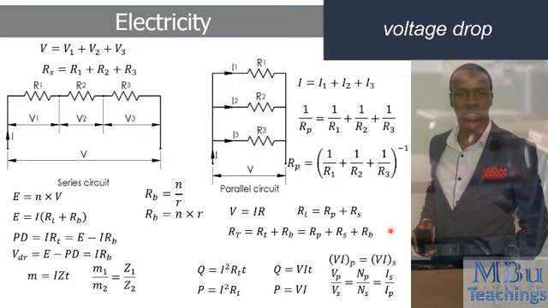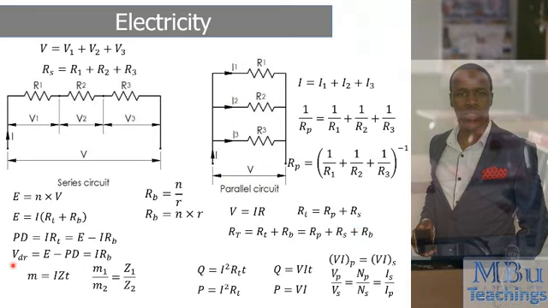Then there is something called the voltage drop. So voltage drop equals the EMF minus the potential difference, or I times Rb. So if you take the current and multiply it by the internal resistance of the battery, you will get your voltage drop.